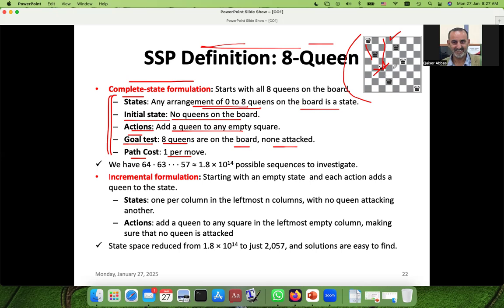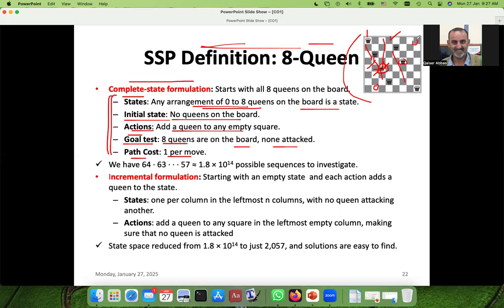Maybe, for example, initially it was empty, and then I throw all the queens on here, and I move only one in this top left upper corner. The rest are just random, don't consider this picture. Maybe this one is placed here, this one is placed here, just random.